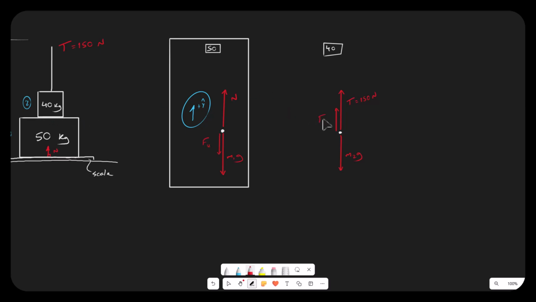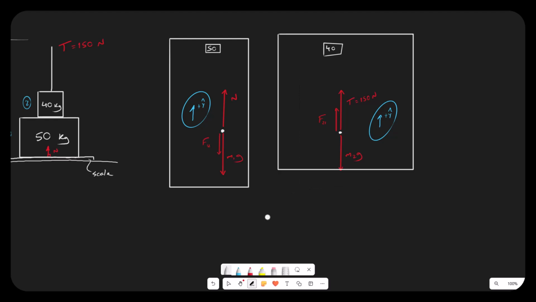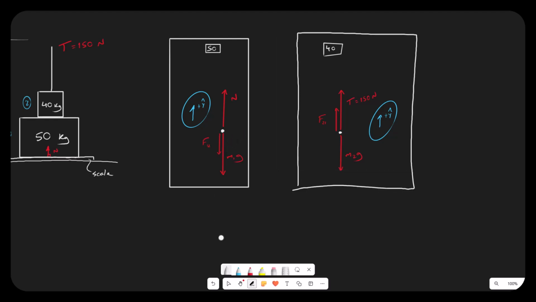So this is F21. I'm going to call upward my positive y direction, and there is my free body diagram for block number 2.